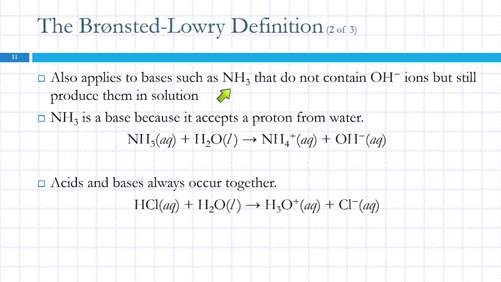It does. But it does so by accepting the donation of a proton. So here's the ammonia interacting with water. It accepts a proton from the water and becomes NH4+. The water is donating a proton and it becomes hydroxide ion.